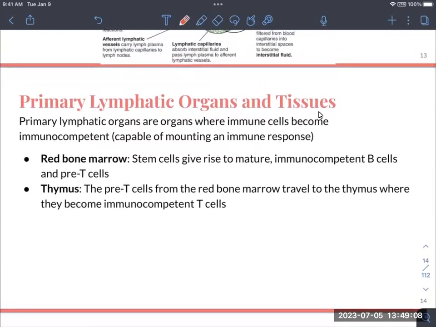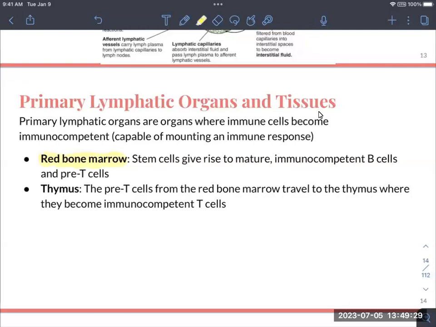So our different lymphatic organs and tissues. Red bone marrow. This red bone marrow, back from chapter 19 when we talked about blood cells, that's where all of our blood cells come from.